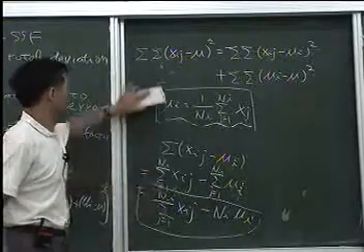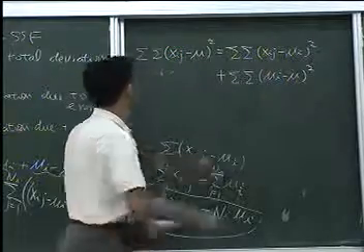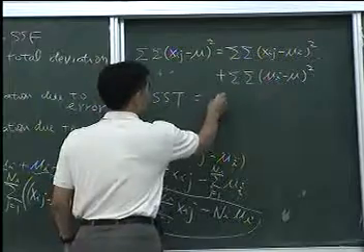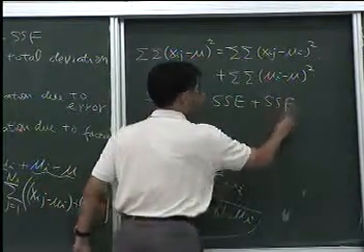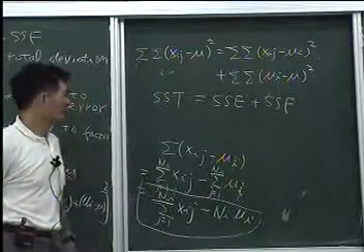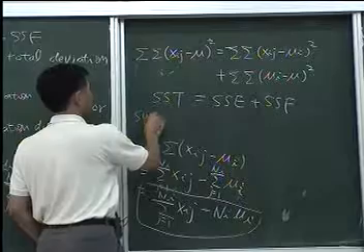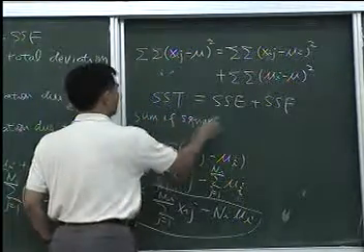So then you know that this one is SST equals SSE plus SSF. Okay? This is what we call sum of square total.